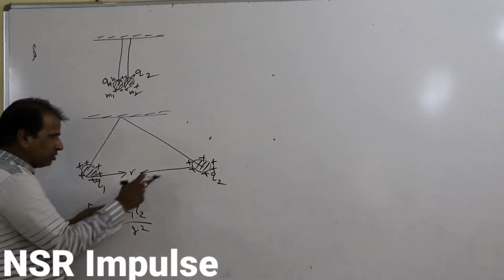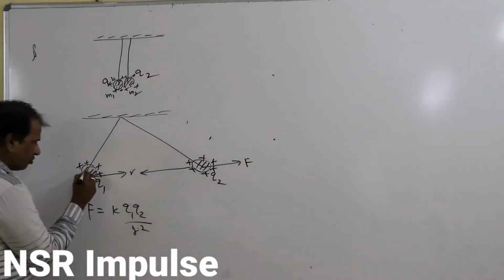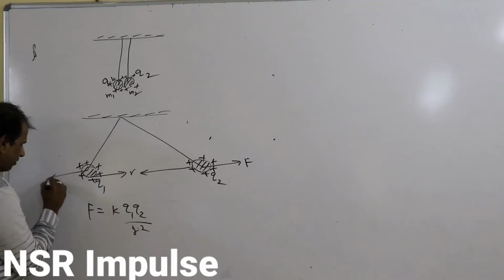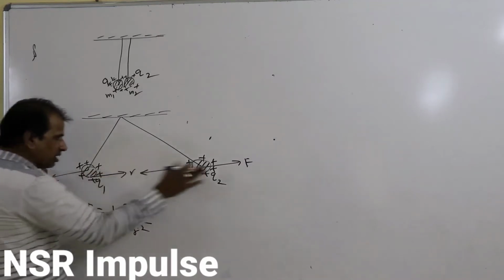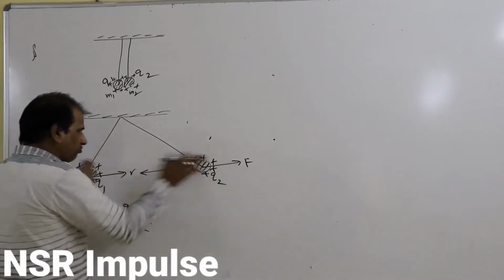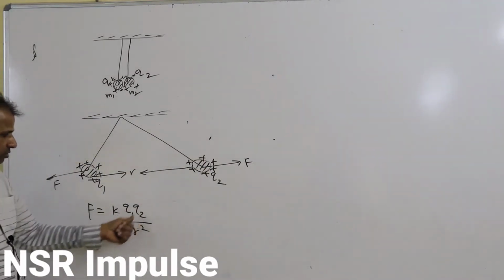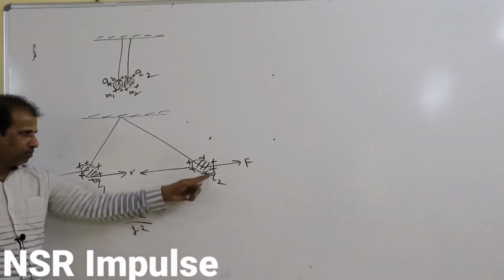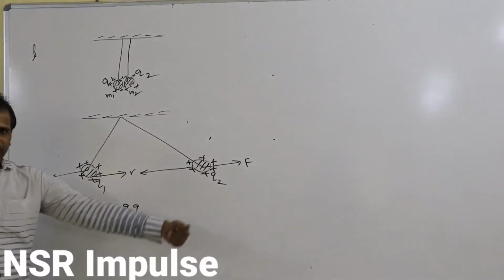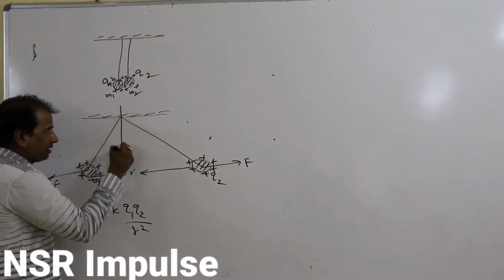This force acts away on each. Two forces are acting outward, K Q1 Q2 by R square, away from each other. Then you draw one perpendicular line.